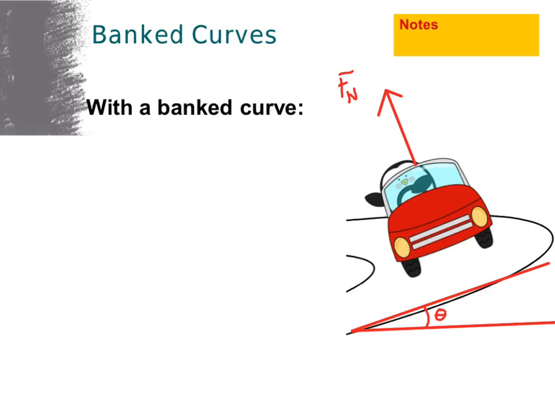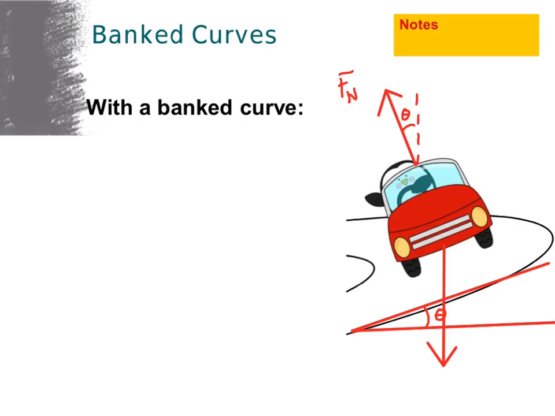So let's draw the rest of our free body diagram here. We have the force due to gravity pointing straight down. And I'm going to finish this by drawing a dashed line. And if this is an angle theta right here between horizontal and this banked curve, then perpendicular to the banked curve should be also the same angle theta from vertical.